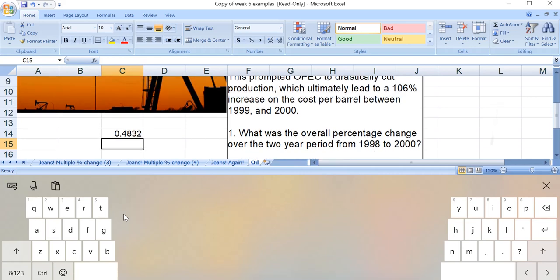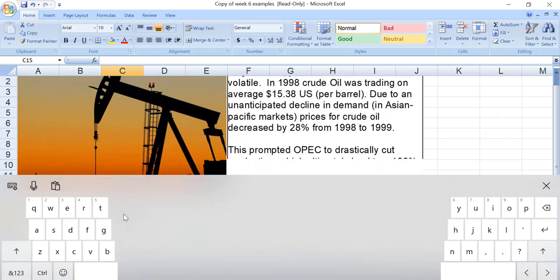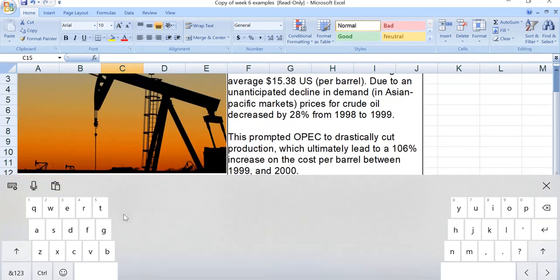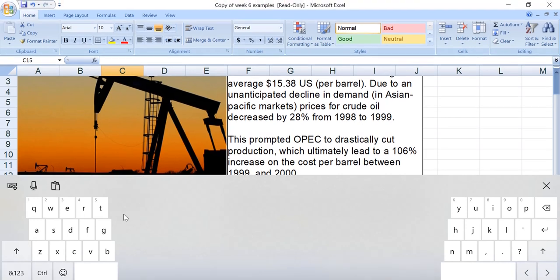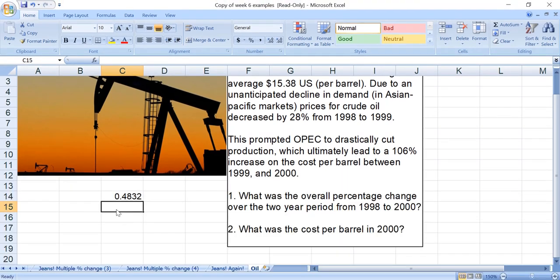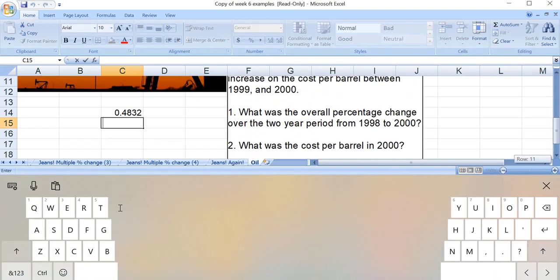Now we know that in 1998, the cost was $15.38 a barrel. So we know that the cost was $15.38 a barrel.